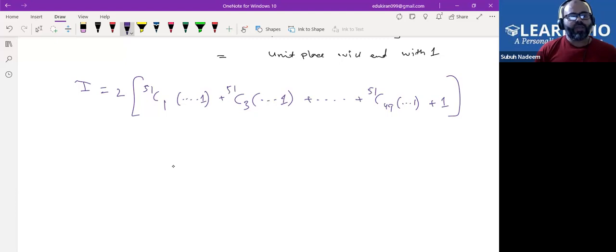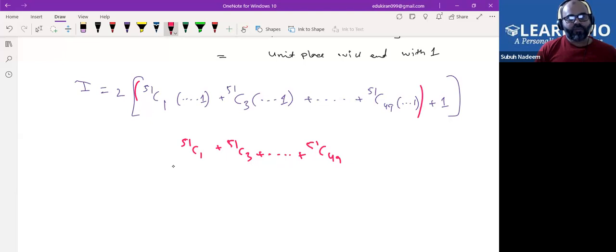Now, if you concentrate on the unit place, because the unit place we need to find out. So if we concentrate on the unit place, we can see 51C1 and then 51C3 and so on till 51C49, from here to here.